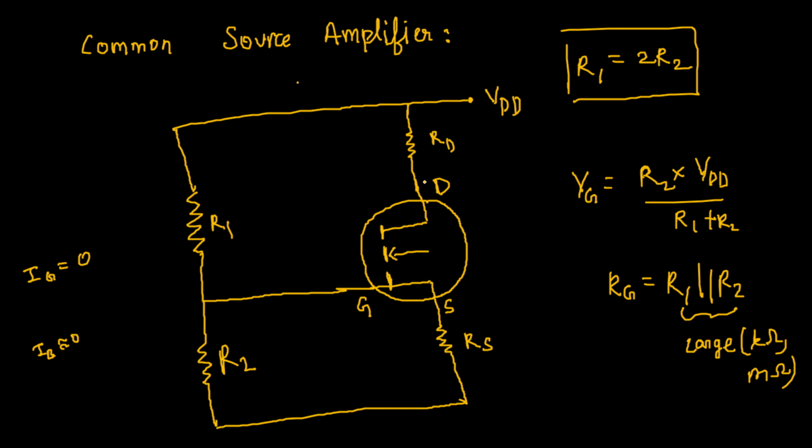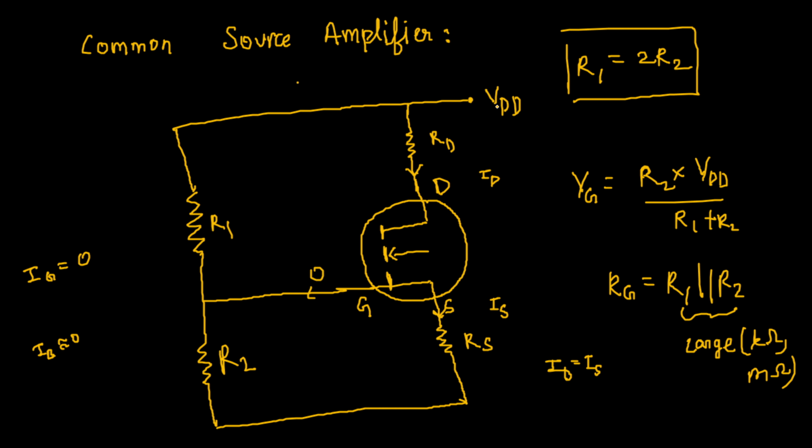All the current that flows through drain flows straight through the MOSFET into the source. So the current flowing here is equal to the current flowing here, because you know that the current here is zero. So current through drain, let's denote it with ID, is equal to current through the source, let's denote that by IS. So we have ID is equal to IS and IG is equal to 0.